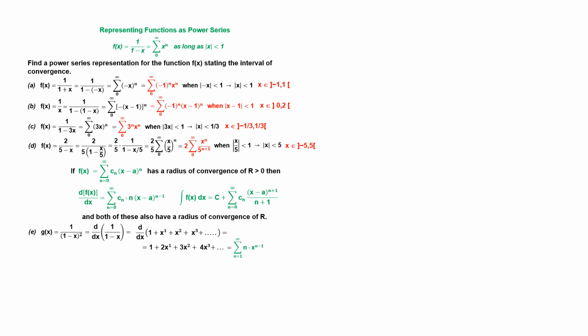We use term-by-term differentiation, but since we have got a power series representation for f of x, all that we will need to do is differentiate that power series to get a power series representation for g of x. Since the original power series had a radius of convergence of 1, the derivative, and hence g of x, will also have a radius of convergence of 1.